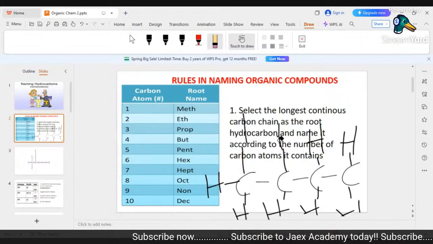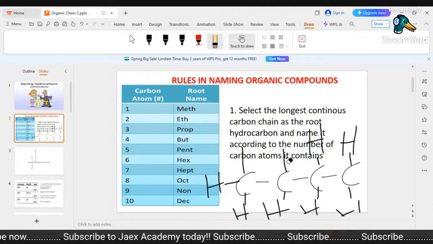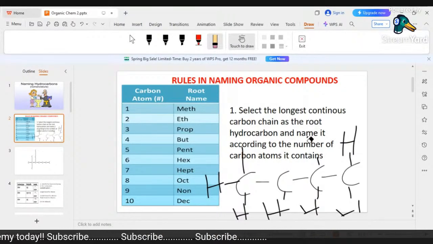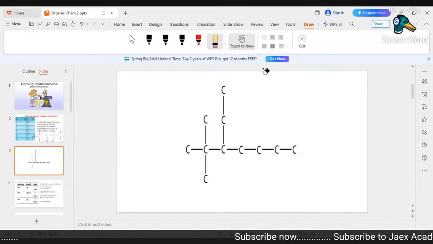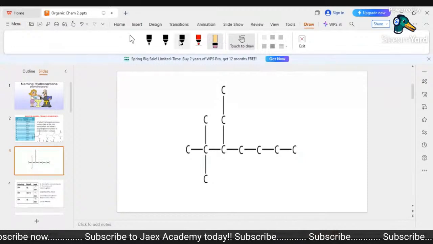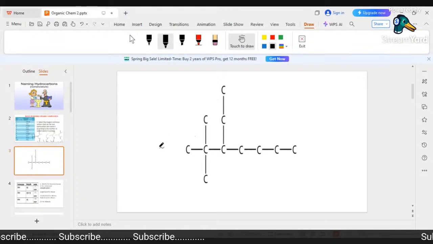Moving forward, let's look at one example we saw in that class. If we are given a compound like this to name, our first mission is to select the longest continuous chain.